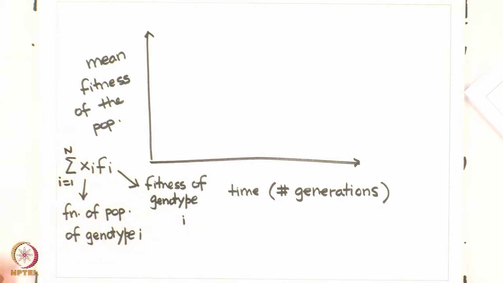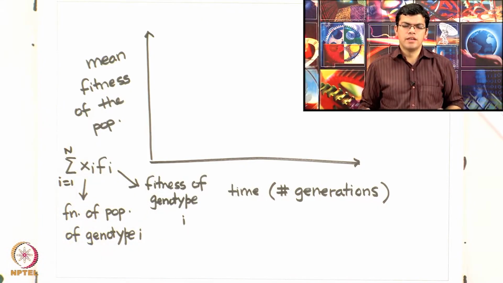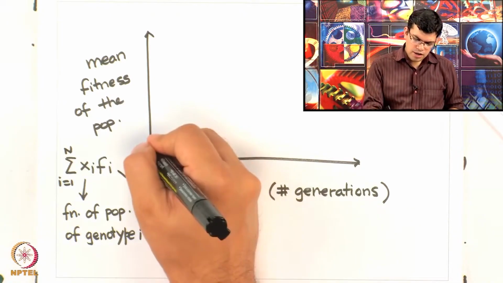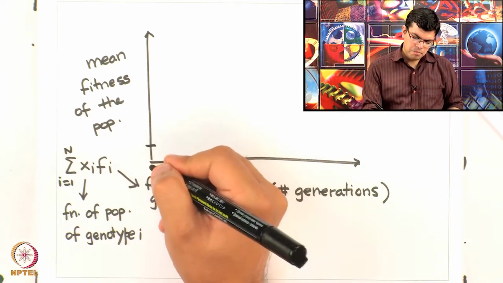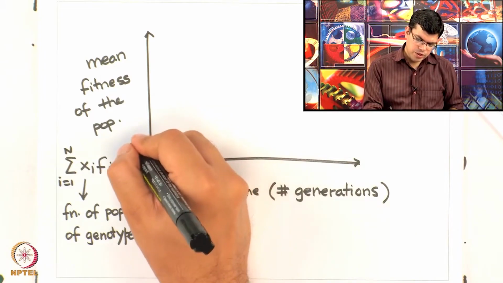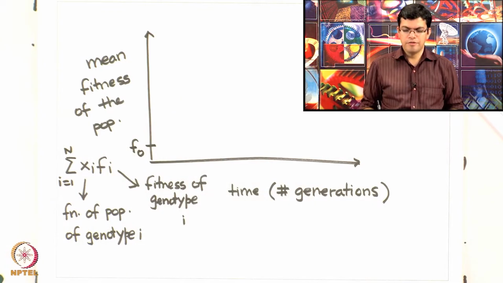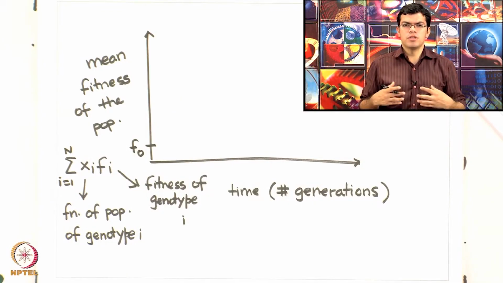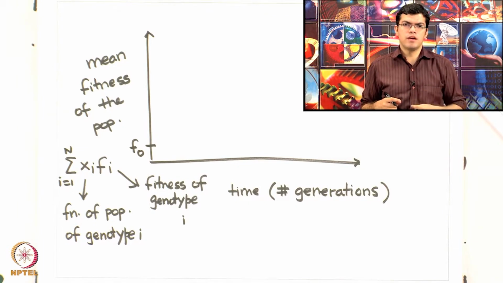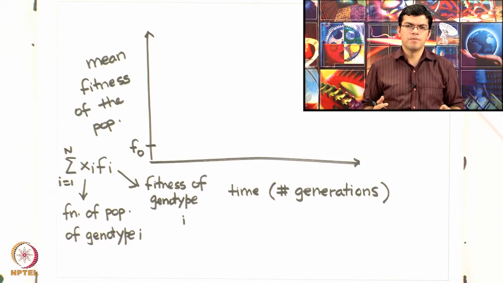This is true if the population is carrying n distinct genotypes in the environment. So, we start our experiment with a set of individuals which are isogenic and are all at fitness F0. If you are starting with a genetically identical population where all individuals have this fitness F0, then the mean fitness of the population at that time is also going to be equal to F0.